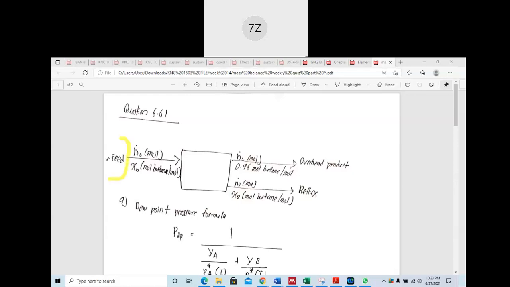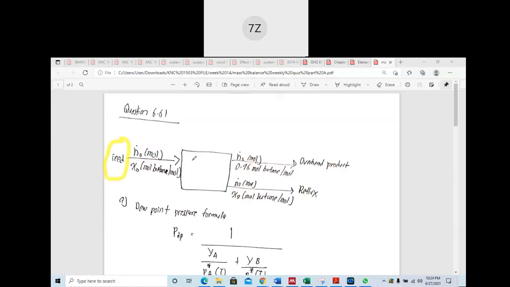this is the feed. Then it will enter the reactor. Based on the question, the butane and the pentane supposedly go inside the feed.